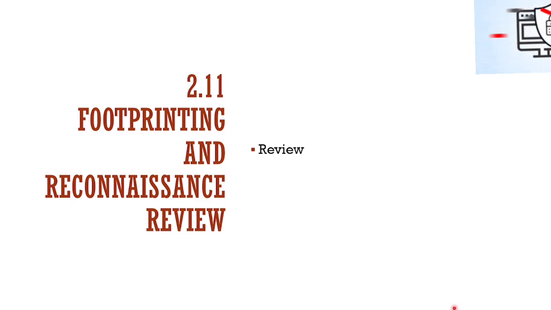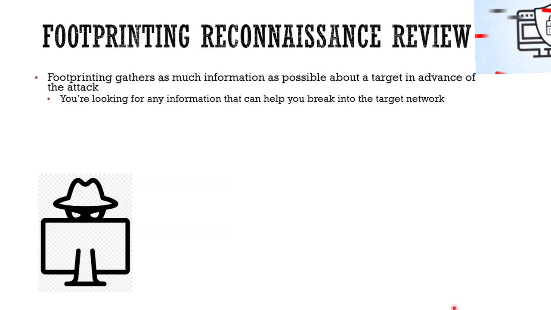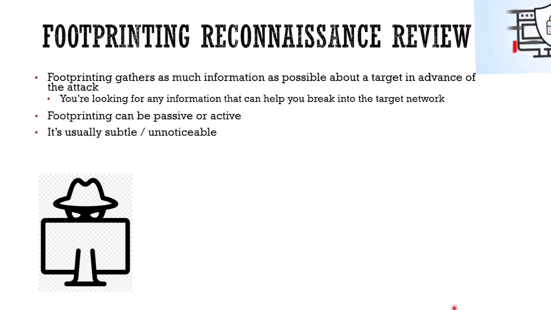Let's review the key points of footprinting and reconnaissance. In footprinting, you are gathering as much information as possible about a target in advance of the attack. You're looking for any information that might help you break into the target network. Now, you can do passive or active footprinting, but whichever one you do, you're going to be subtle or unnoticeable.